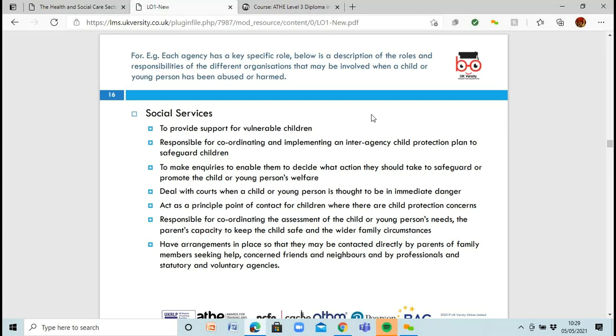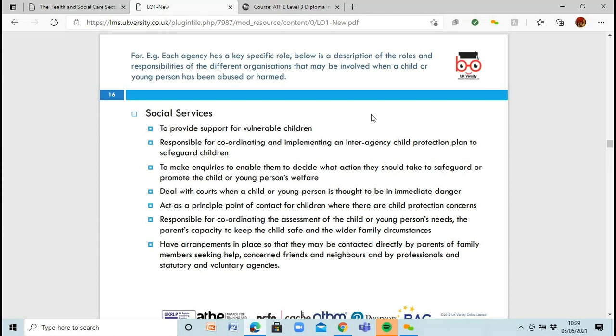If they find somebody is in immediate danger, they're going to liaise with the court. The social services really do try to keep the child or the young person with their family as much as possible, but there are some instances where it's not possible and it's not safe for that to happen.